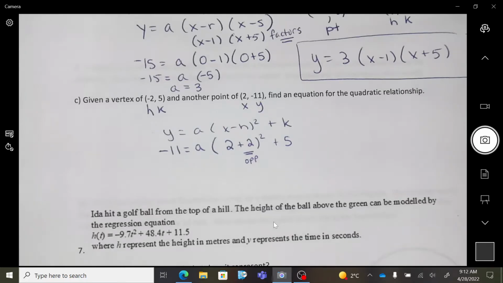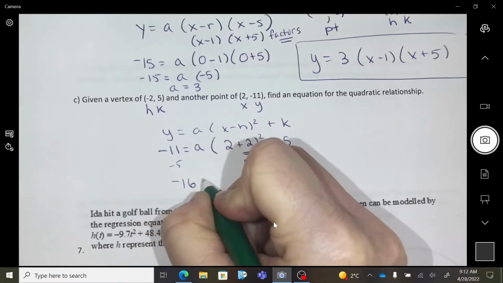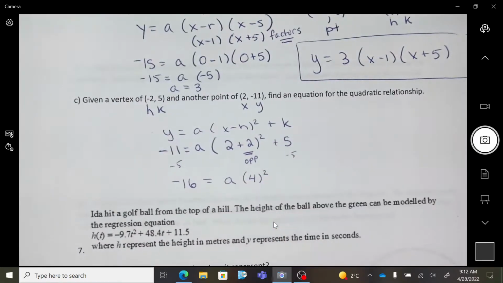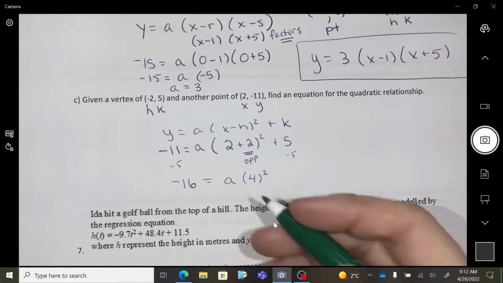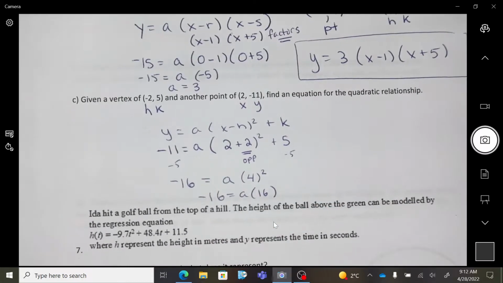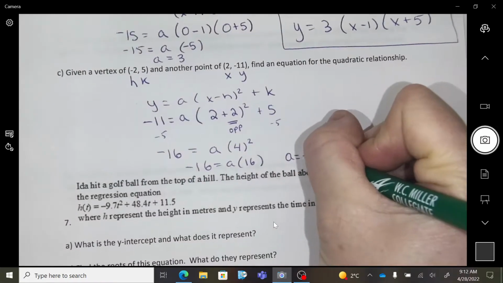Okay, we're going to solve this. So I'm going to subtract 5. Okay, 2 plus 2 is 4. 4 squared is 16. Therefore, if I divide, A equals -1.